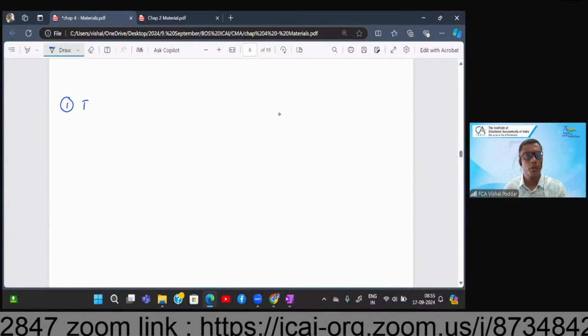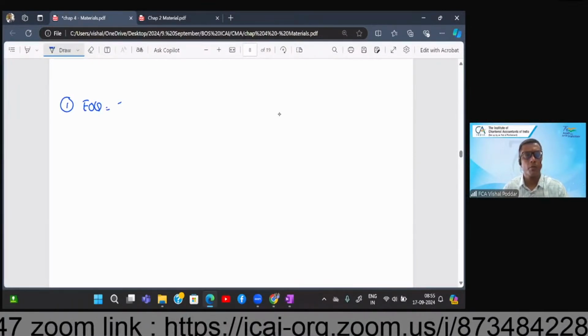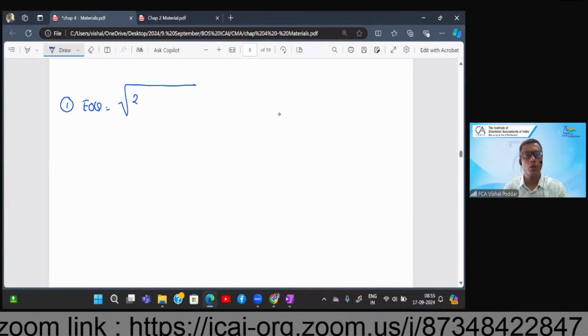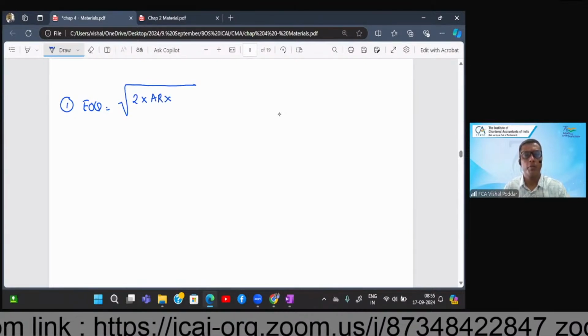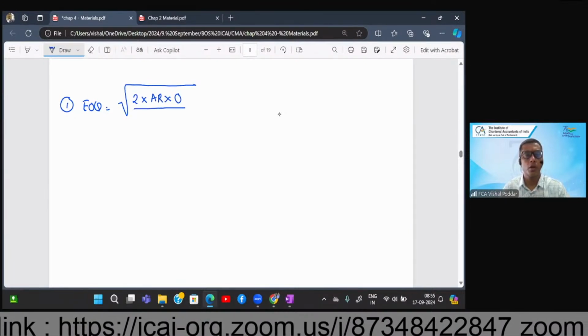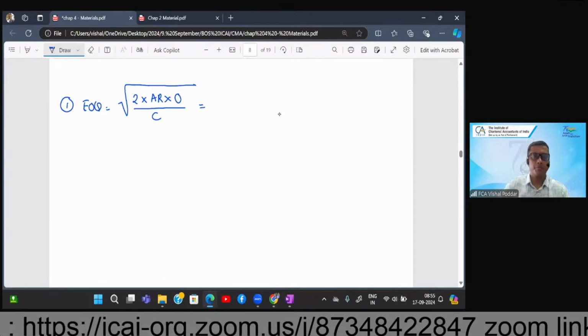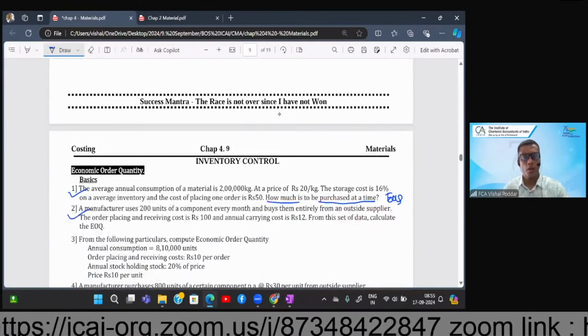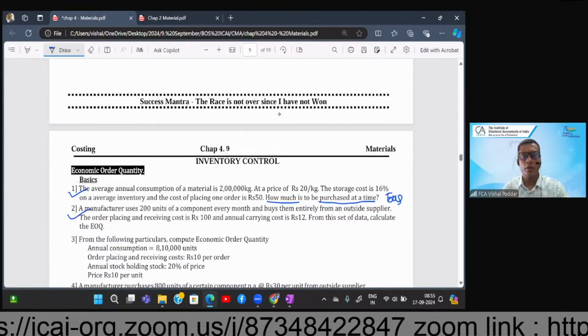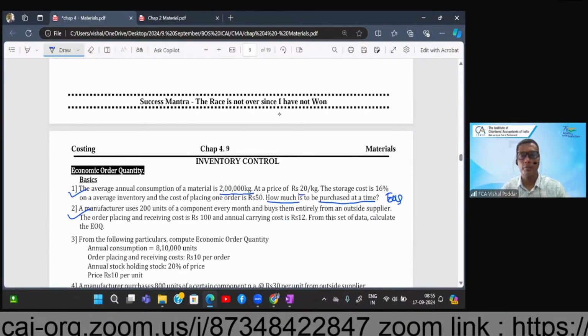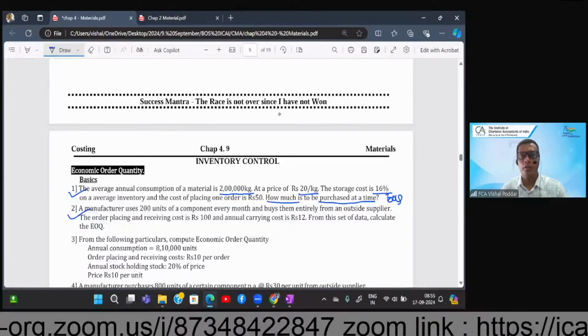First question, the EOQ formula is under root 2 into annual requirement into cost per order upon carrying cost per unit per annum. So what is the average annual consumption? It is 2 lakh kgs. Price is 20 per kg. This is 16%.